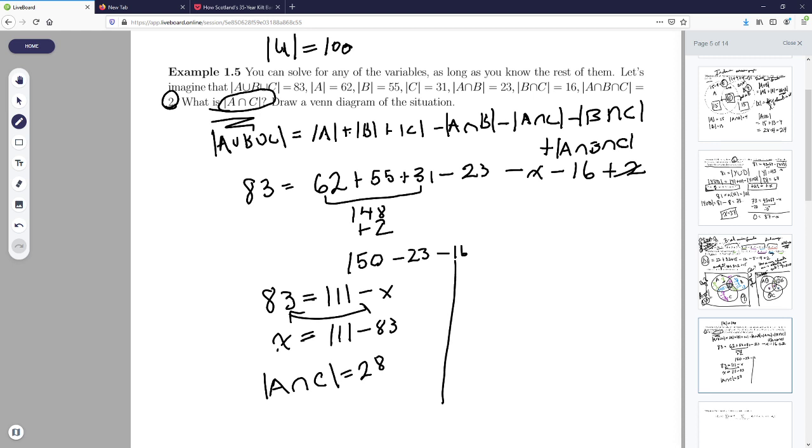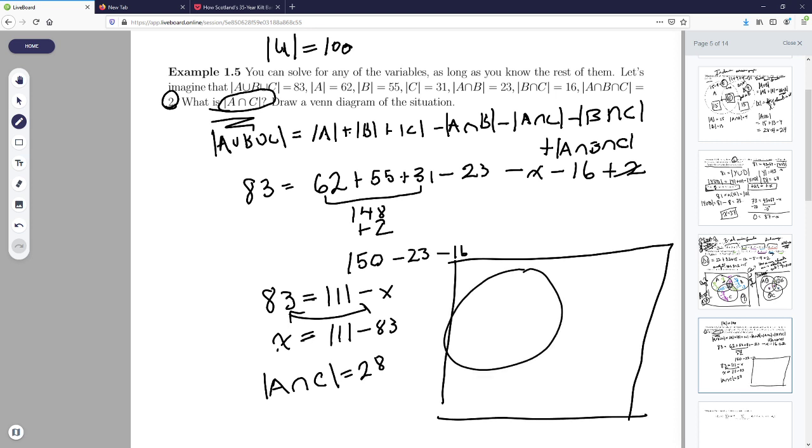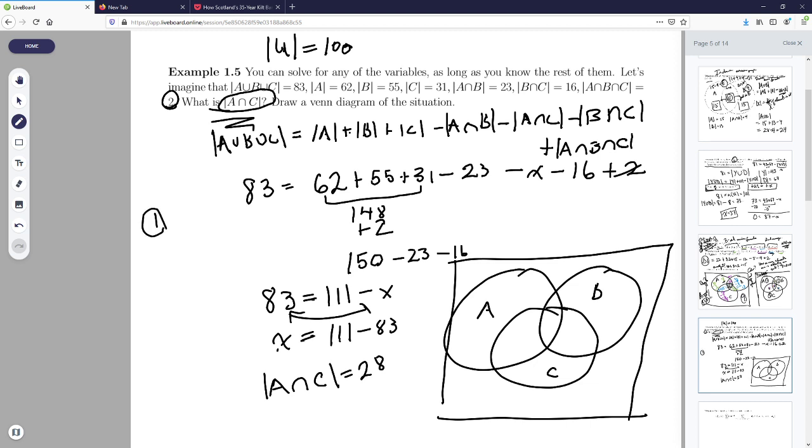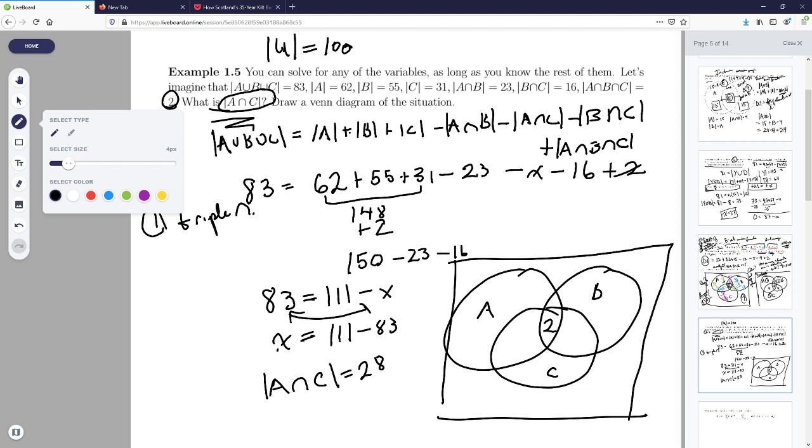So let's draw the Venn diagram of the situation. Okay, so where do we start? We always start, step one, you say the triple. The triple intersection is 2. Now let's make the B intersection C purple for no reason.